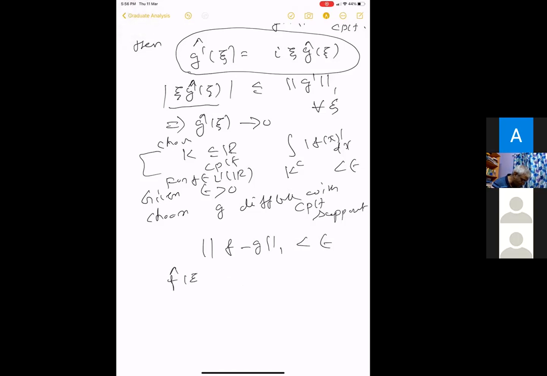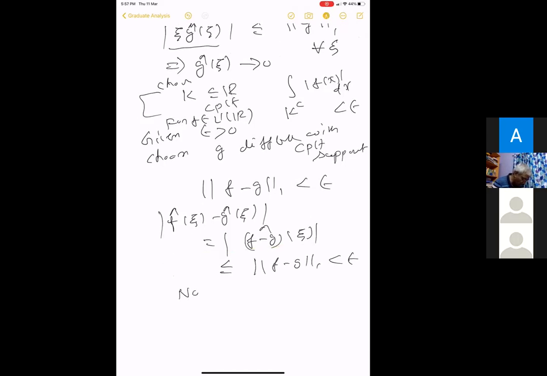The modulus of f hat z minus g hat z is equal to the modulus of (f minus g) hat z. This is less than or equal to the norm of f minus g, which is less than epsilon.